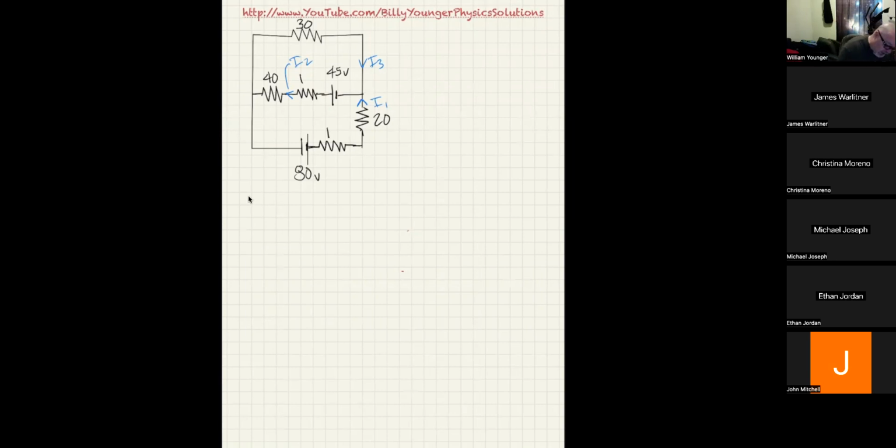So when I go around the outside, I am going to start, let's say right here, and go to the right. The first thing I get is plus 80, because that's how much the voltage increased in going from the short leg to the long leg.